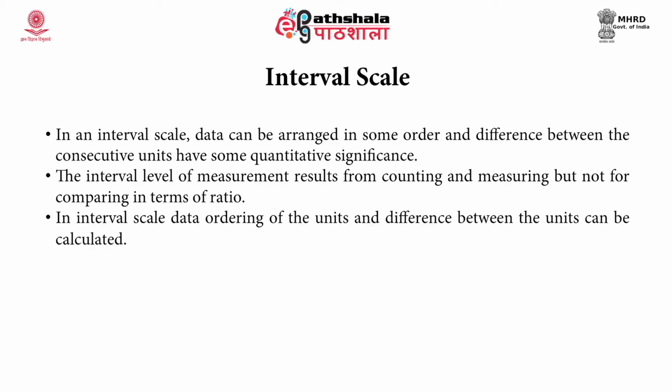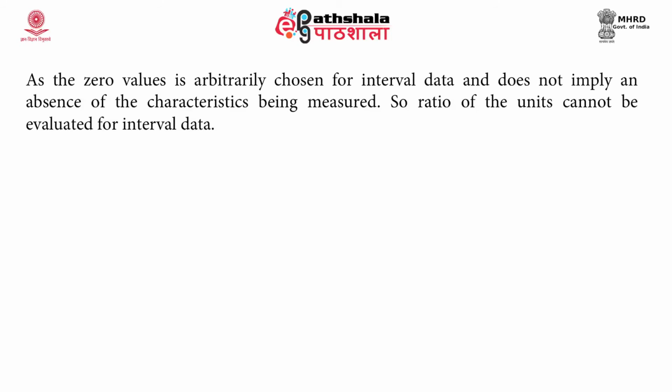In interval scale, data ordering of the units and difference between the units can be calculated. As the 0 value is arbitrarily chosen for interval data and does not imply an absence of the characteristics being measured, ratio of the units cannot be evaluated for interval data.